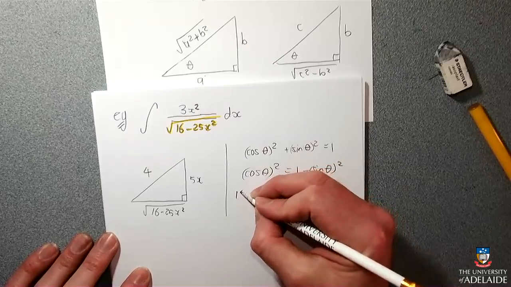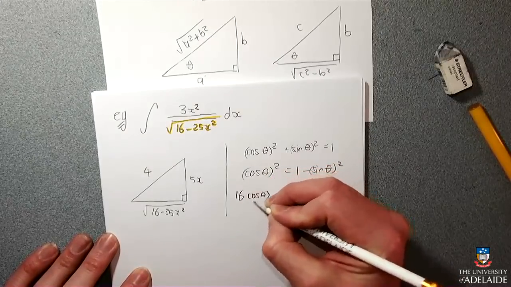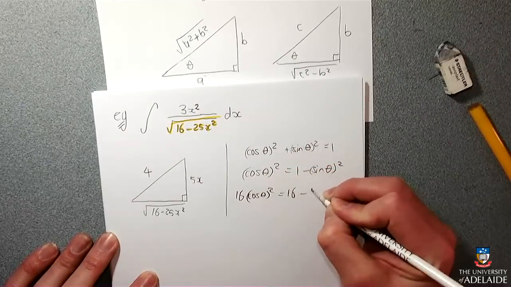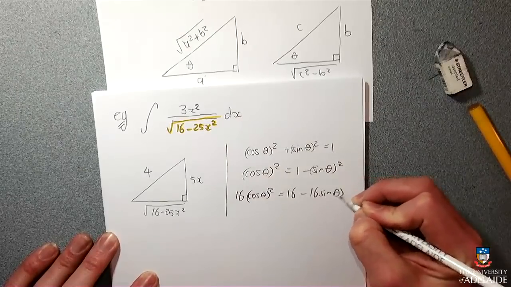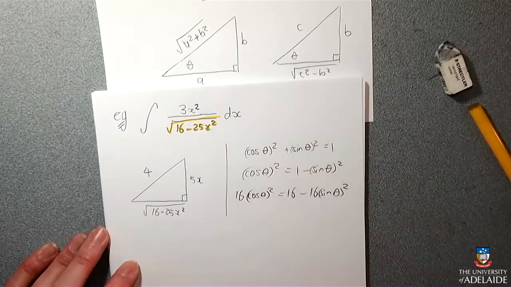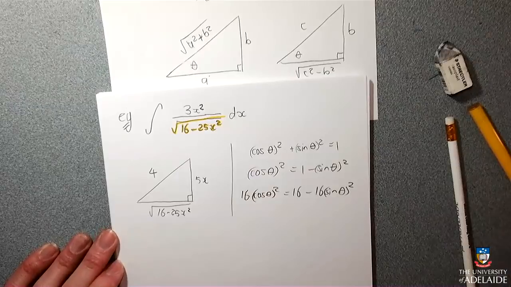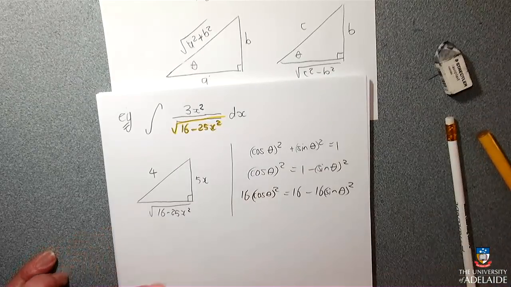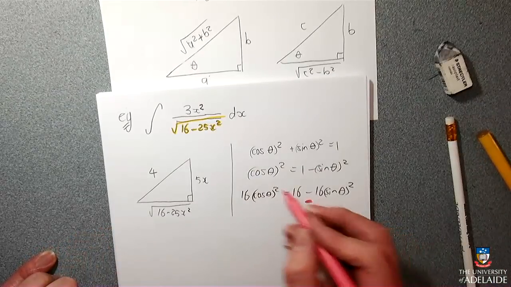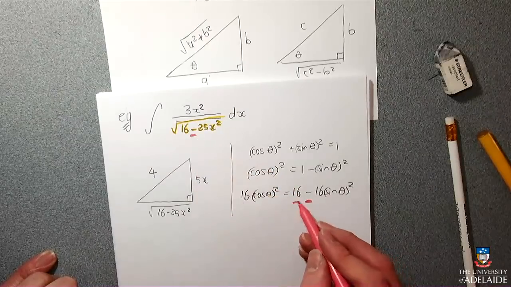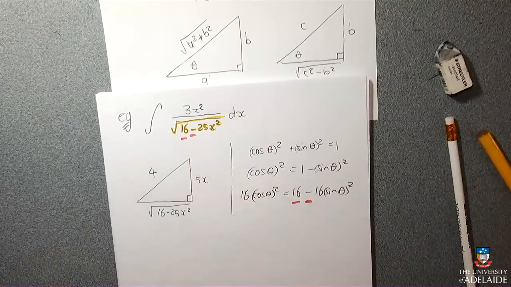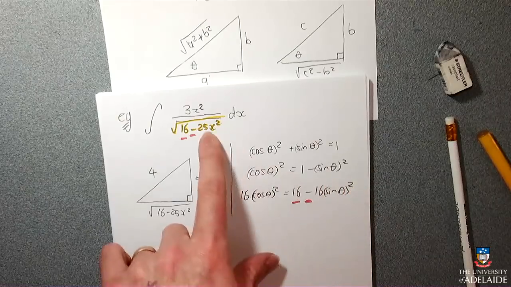So if I multiply by 16, I get that. And now I'm matching, I'm doing pretty well. I've matched the minus, and I've matched the 16. So all I would need to do for this to match exactly would be for all of that to be 25x squared.